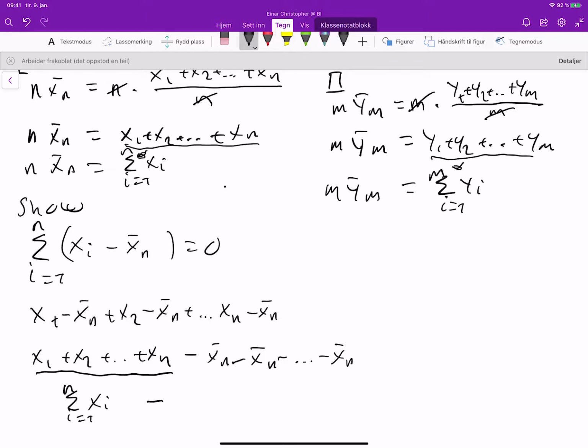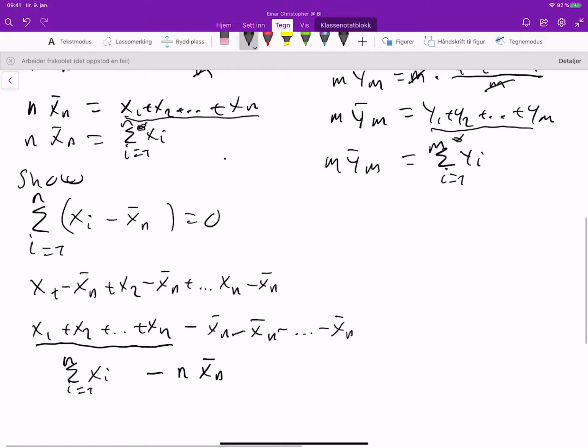And here we have xn bar n times, so that is minus n xn bar. But now we have just concluded above that this sum xi can be written as n xn bar, and here it's n xn bar, and that's of course equals 0.